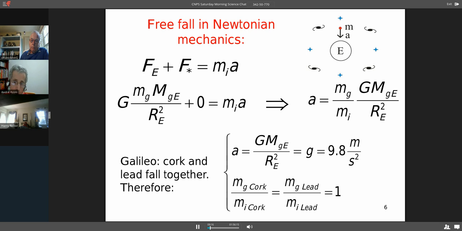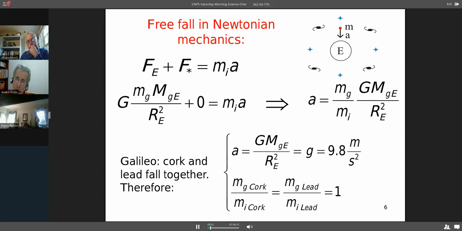Only this. In principle, from Newtonian mechanics, an apple might fall to the ground with a different acceleration from a coin or a feather or any other substance. But then comes a very important experiment performed by Galileo. He showed that in free fall, when we can neglect the influence of air resistance, all bodies fall together to the ground with the same acceleration.